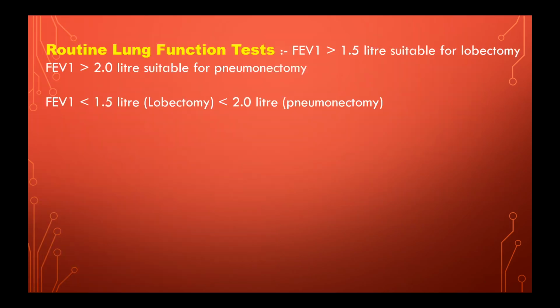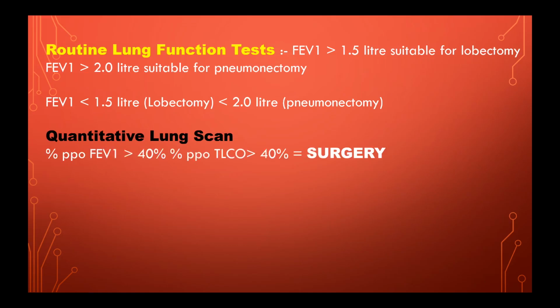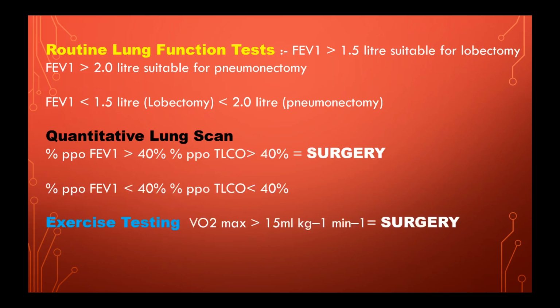And the routine lung function test, most important is the FEV1, which tells about the ability to expel the gases in the first second. You can do a quantitative lung scan also, and based on that, again, all these points are already shown. And exercise testing to assess the oxygen consumption. If the capacity is adequate, you can go ahead straight away with the surgery.